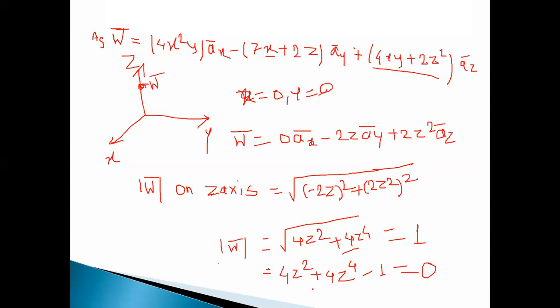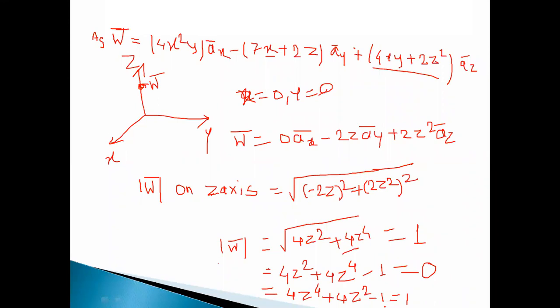We have to write this as a quadratic equation: 4z raised to 4 plus 4z squared minus 1 is equal to 0.